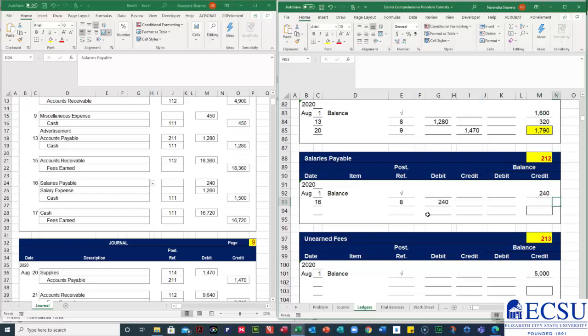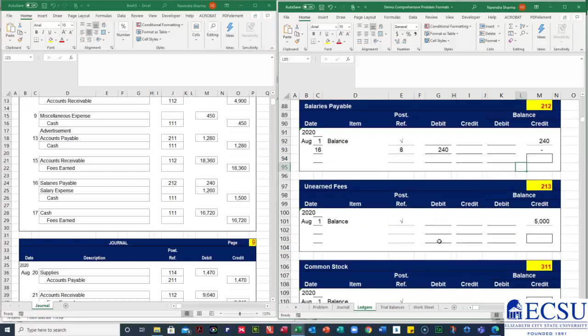So my balance will go down, of course, this is a credit balance and I have just debited, so I will get that balance to 0. And now here I need to write 212, signifying that I have posted it.